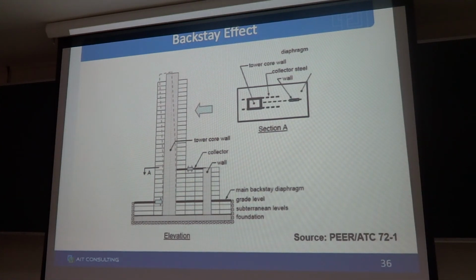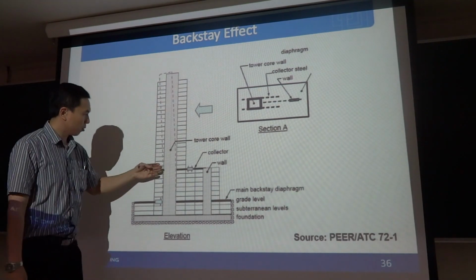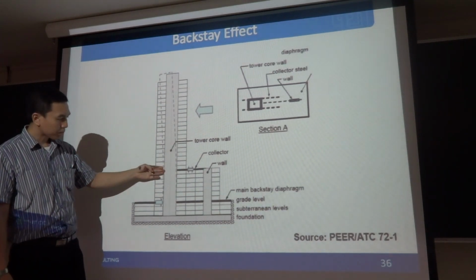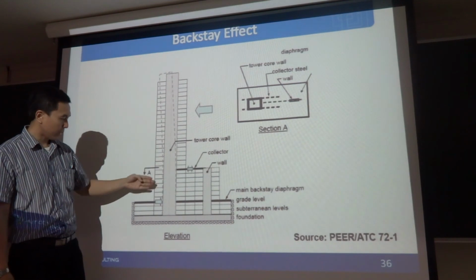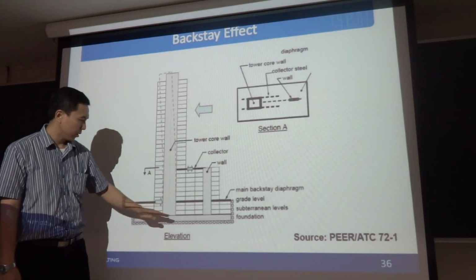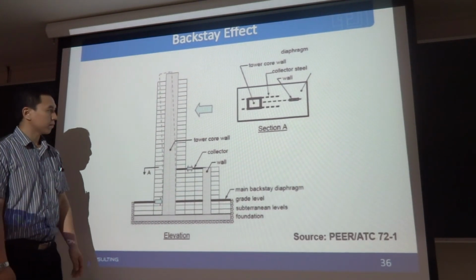Another important item that you have to consider is the backstay effect. This one is especially for tall buildings. In tall buildings, you will have a large podium and also a large basement.